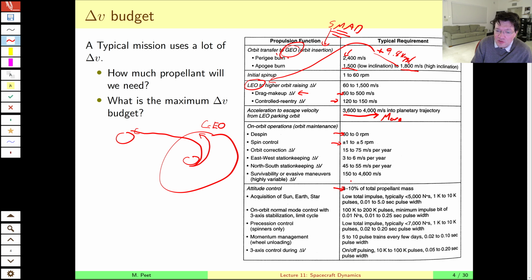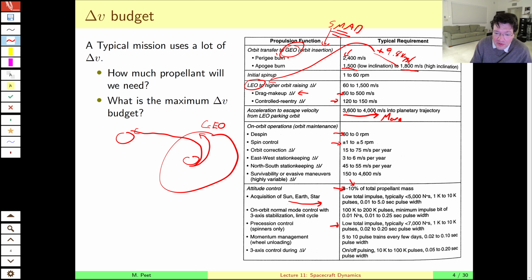It's sort of distributed over time, but we include it here anyway. So this is acquisition. That's if we have a star tracker or an Earth tracker or a sun tracking attitude control system, we have some delta V to get into the correct orientation.